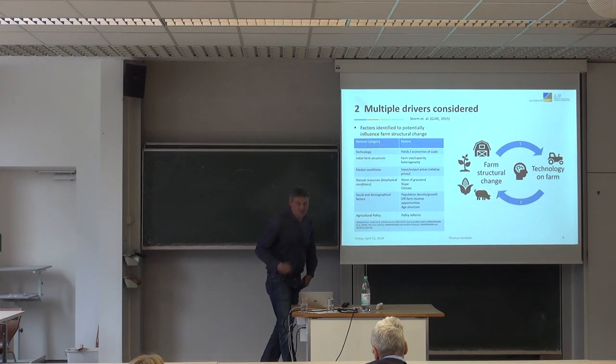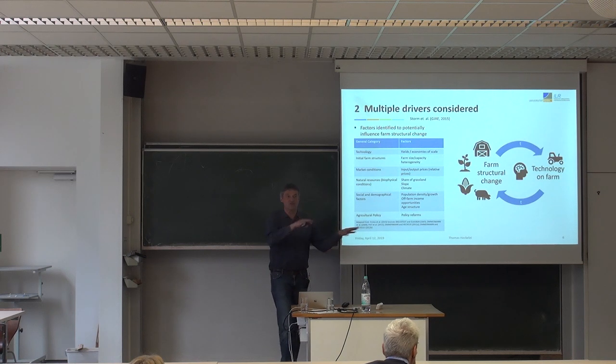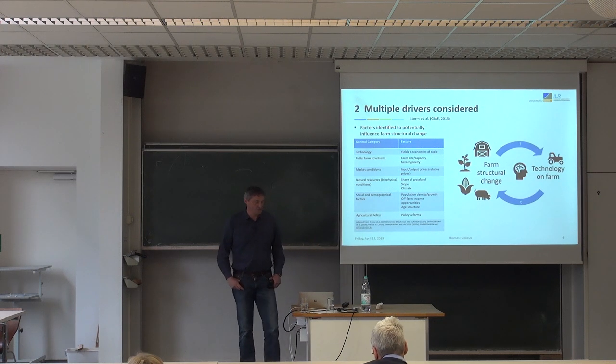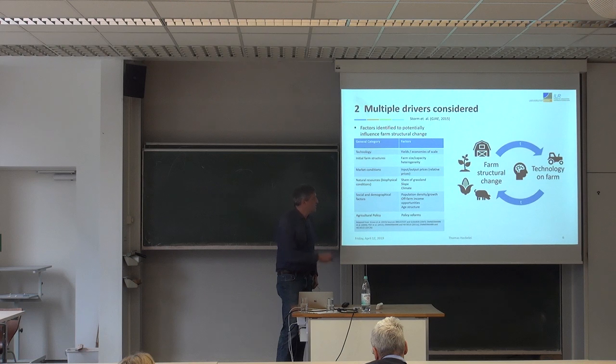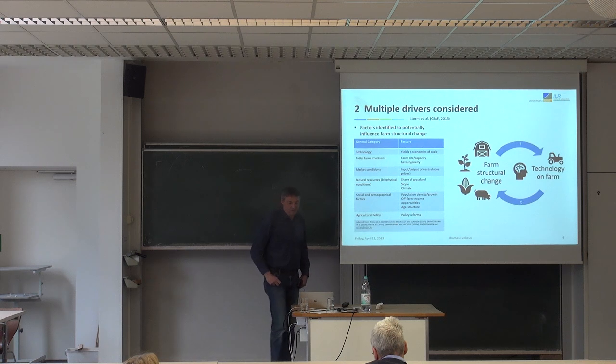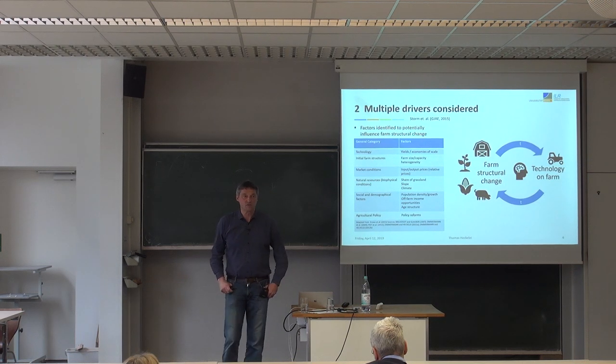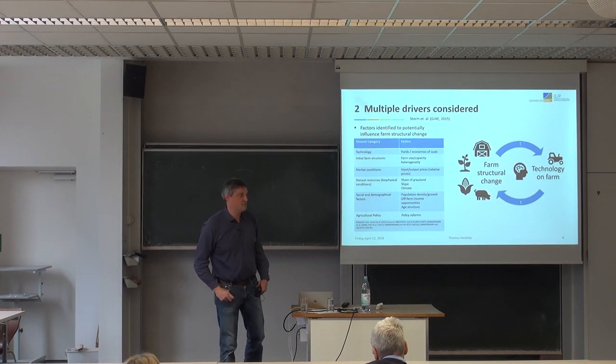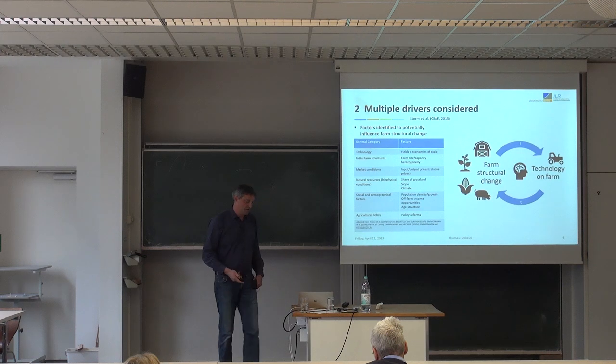Natural resources or the biophysical conditions under which different regions operate matter for farm structural change. Socio-demographic factors, the farmer population or the household population, when are they up for generational change, and so on. Policies. The agricultural sector is one of the sectors with the strongest impact of policy on its operation.